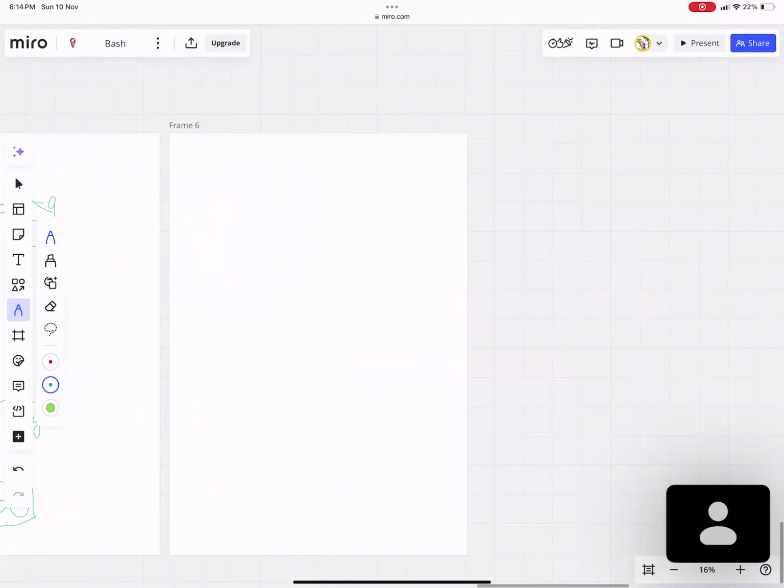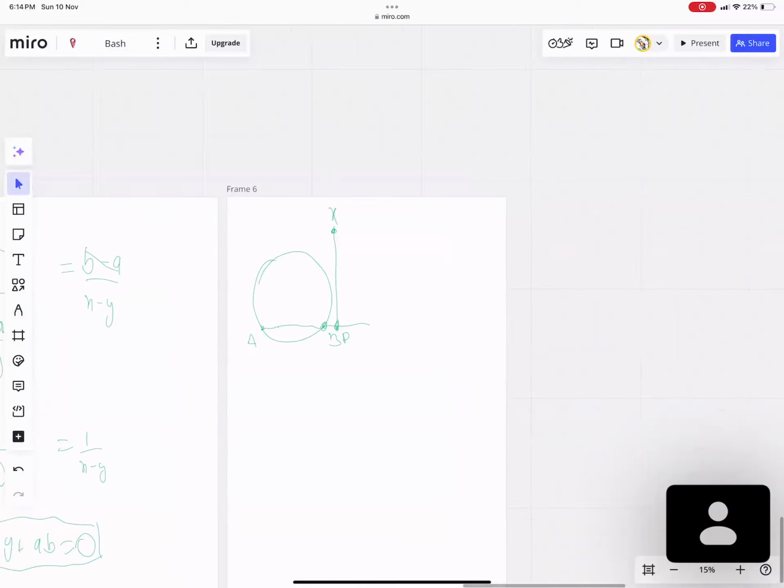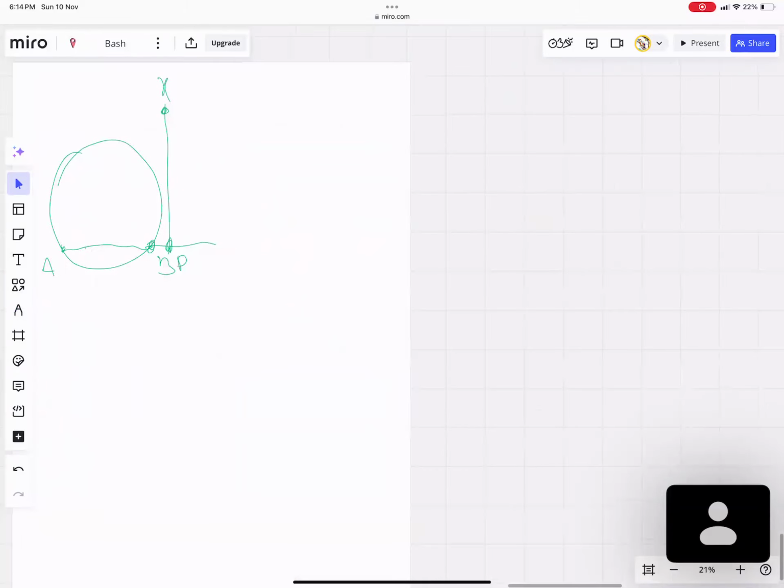Firstly, let's say we have a segment AB on the unit circle, and we have some random point X. Now we want to find the foot of the perpendicular on AB from X. For this, I won't exactly be proving this, but the formula will be p equal to 1 by 2 times a plus b plus x minus ab times the conjugate of x.